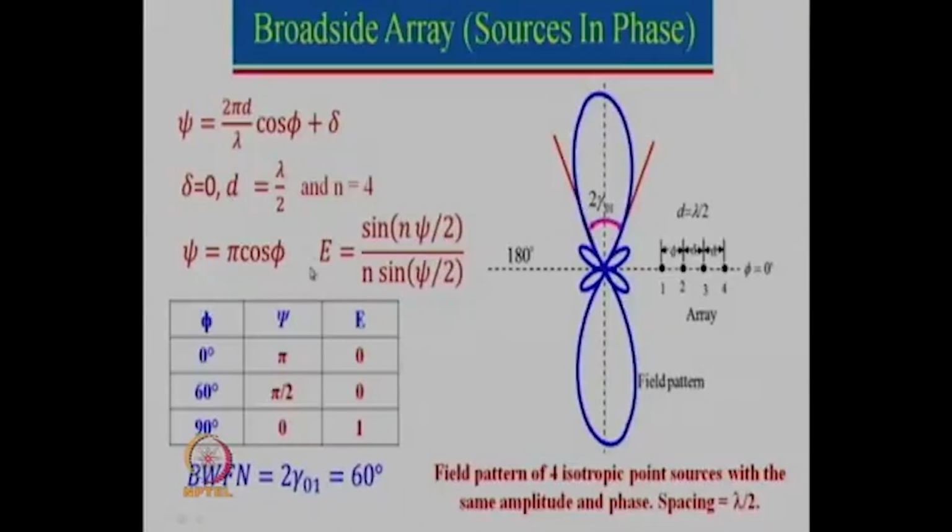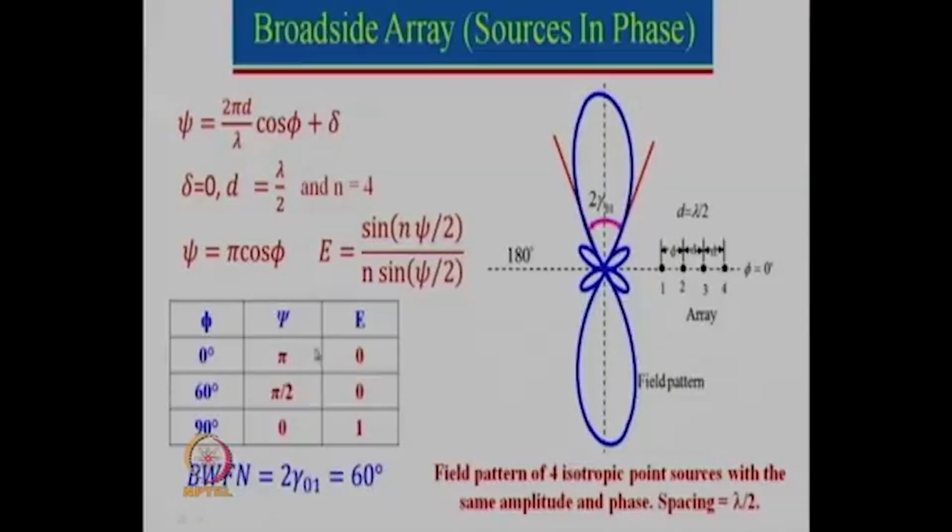Now, when we take the case of phi equal to 90 degree, which is broadside, cos 90 will be 0, psi will become 0, and sin 0 divided by 0, we have done that before, when psi tends towards 0, this whole function will become 1, because this is normalized with respect to n. So, we get 1.